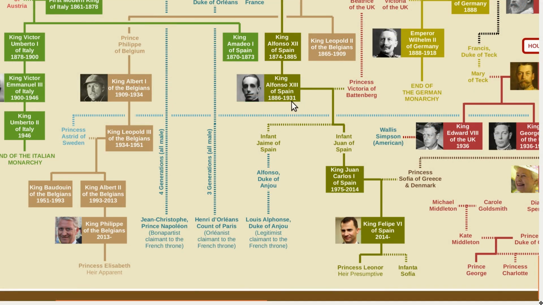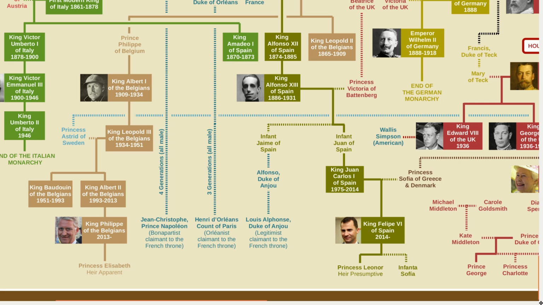Now, during the reign of Alfonso XIII, Spain decided that it wanted to become a republic, and so the monarchy was abolished. After that, an individual named General Franco took over the country and was a dictator until the 1970s, and so there was no king in Spain during that time.